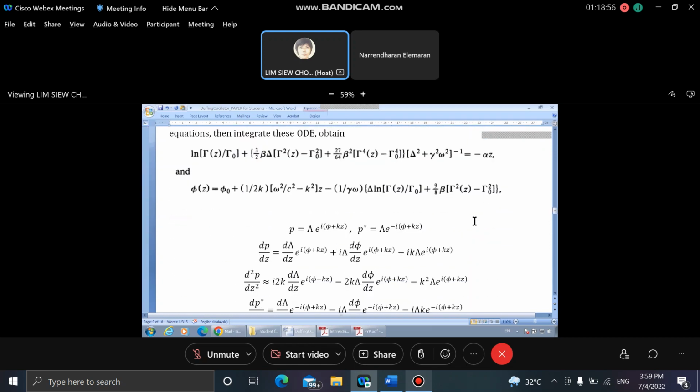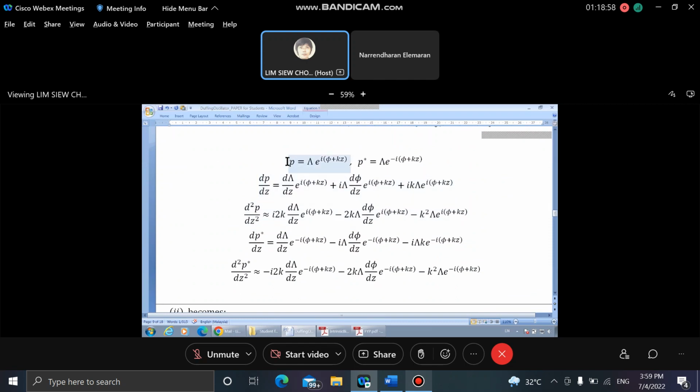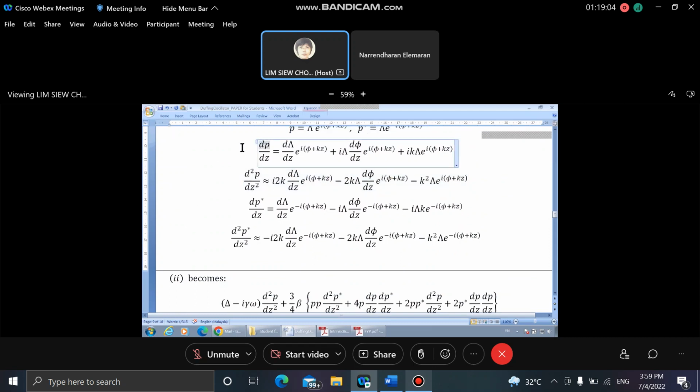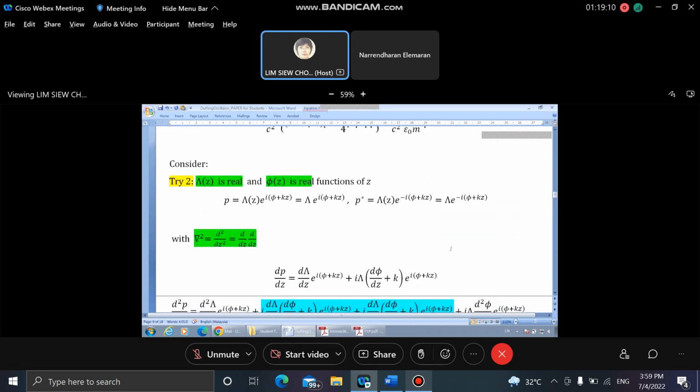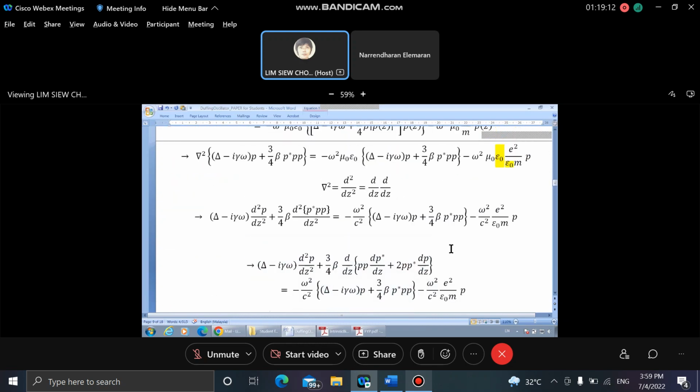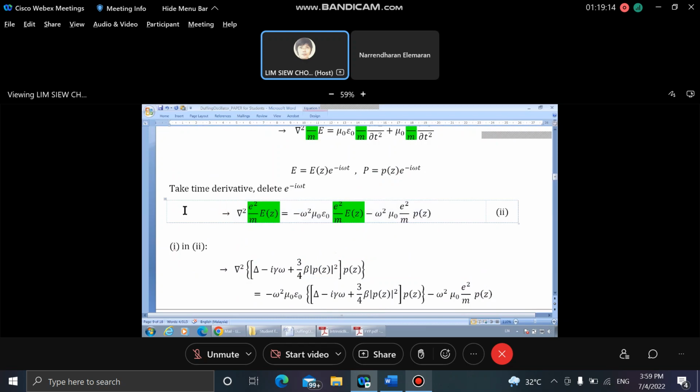So here is copy and paste with this assumption. According to the article, we have these 4 derivatives, and then we substitute into this equation 2.